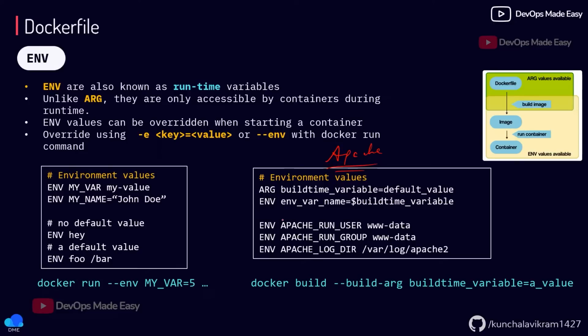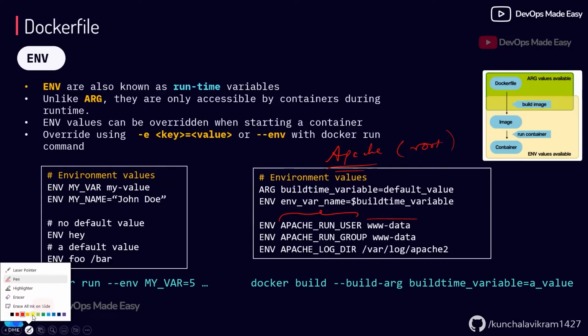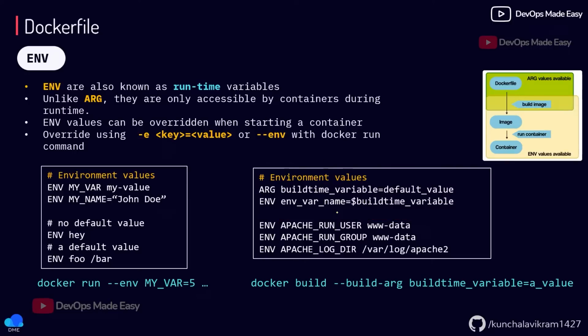Here Apache expects an environment variable APACHE_RUN_USER, which is set to www-data. If you don't set it, Apache might take root as the user. You will get this information from the Docker Hub page. If they are expecting some environment variables, you need to provide them like this.